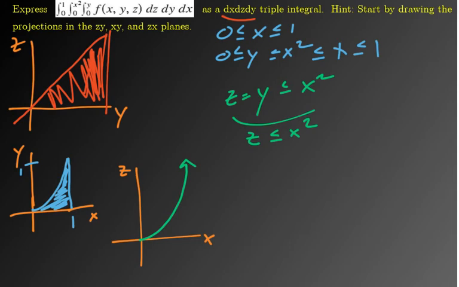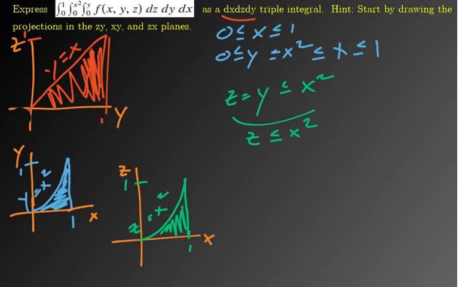I know that z is less than that, but I also know that x only goes 0 to 1, so I get these nice cutoffs again. Here's 1, here's 1. So this is truly x squared. This is x squared. Maybe I should also add y equals z. And this one is y equals x. So those are what the different regions would look like in the different projections.